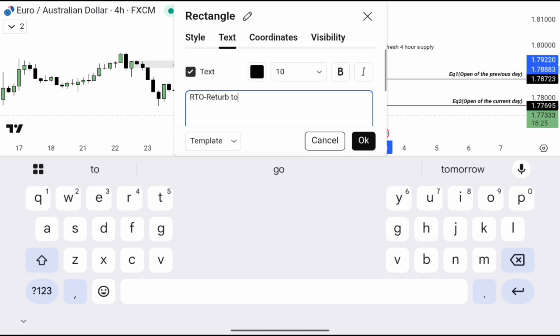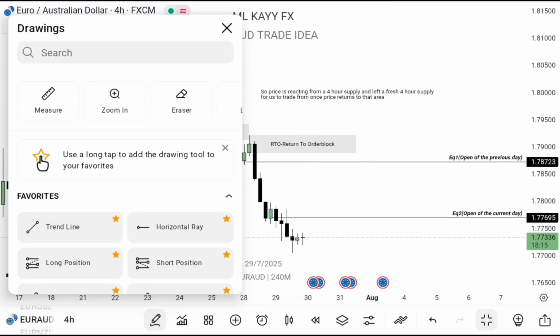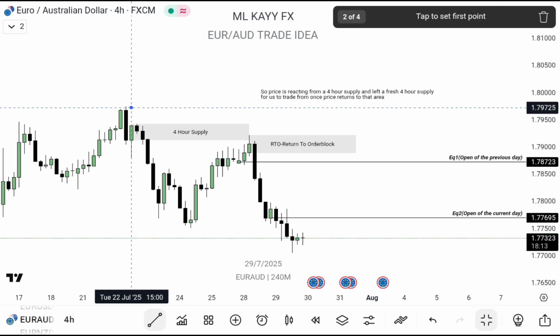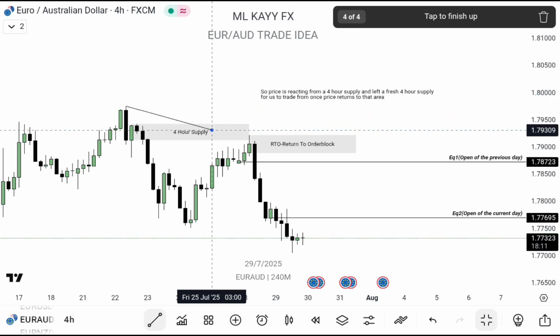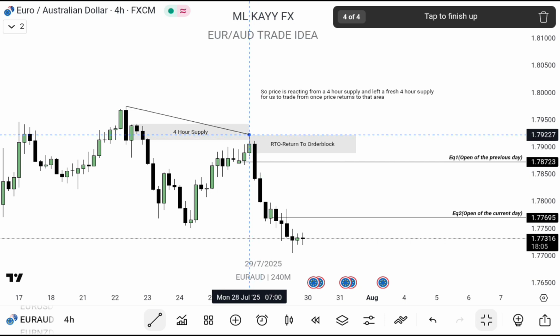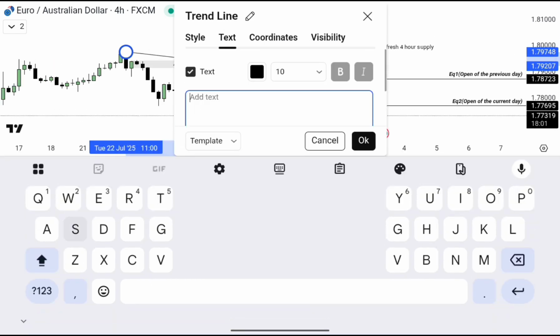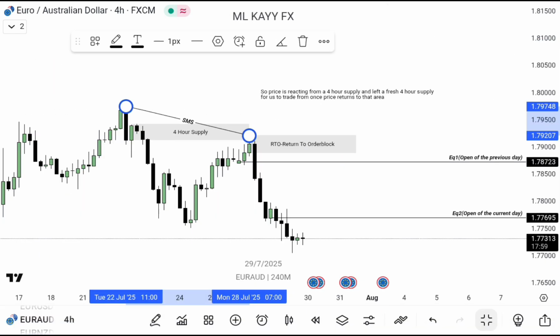So for those who are using SMC concept, this is known as SMS, which is a shift in market structure, and it must be followed by a break of structure. Then price must return to the order block, hence I wrote RTO, return to order block. So yes, that's how it goes. Sorry about that.